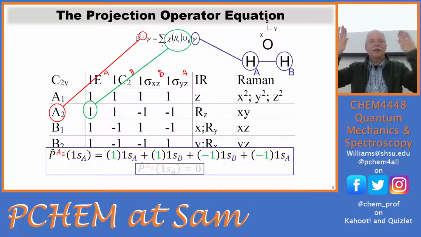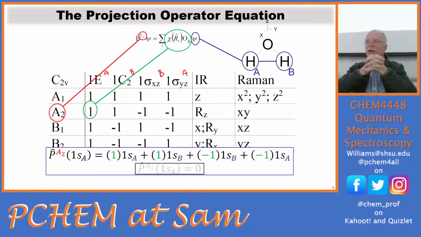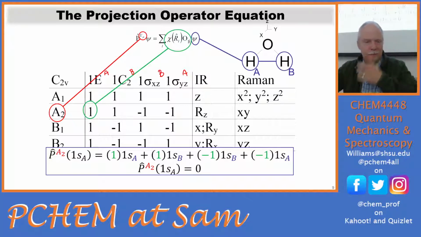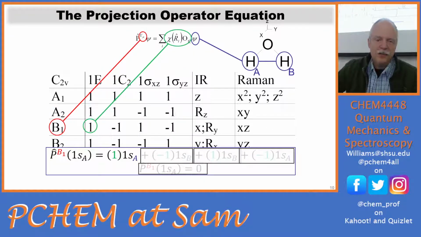The 1sAs have a plus and minus sign, so they cancel out, and the 1sBs have a plus and minus sign, so they cancel out. So there is no A2 combination of these hydrogen orbitals. Okay. If I'm going too fast for you, just check the video. Again, it's enrichment, so I enjoy seeing you all writing this down.